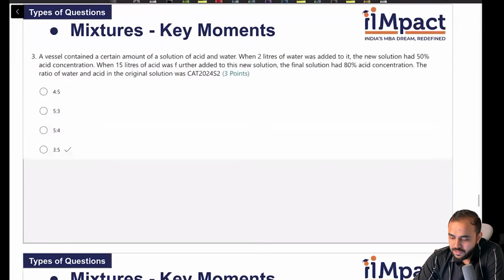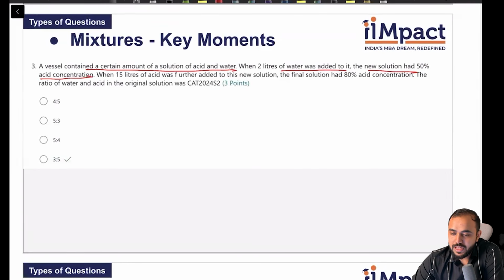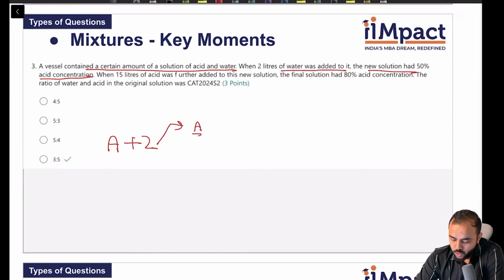So if I go ahead with this question, vessel contains a certain amount of solution of acid and water. 2 liters of water was added to it. The new solution had 50% acid concentration. So let's say the initial volume was A. All right. And 2 liters of water was added, so the volume became A plus 2, which had 50% acid concentration. So A by 2 plus 1, right?